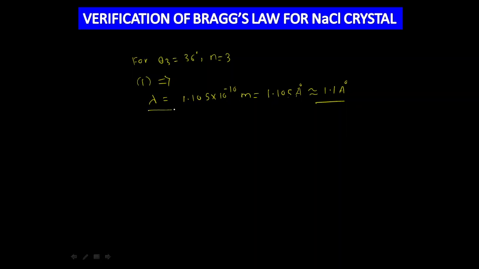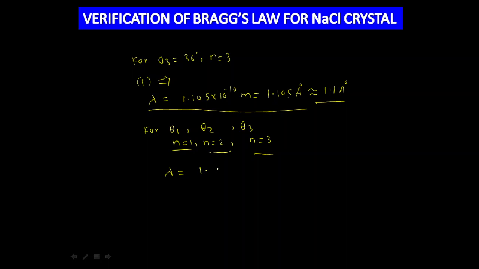So for all these three angles, theta 1, theta 2, theta 3, means for n equal to 1, 2 and 3, for first order, second order and third order of reflection, we get the same wavelength of X-ray, approximately 1.1 angstrom.